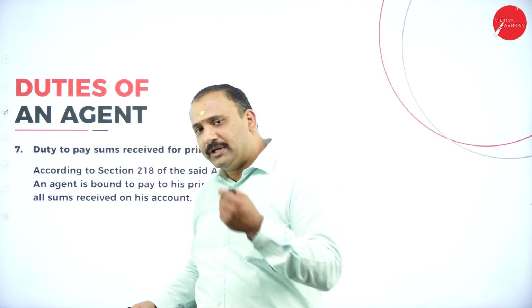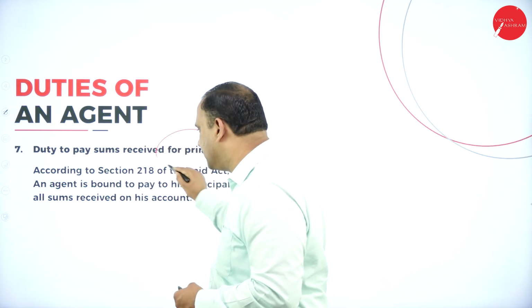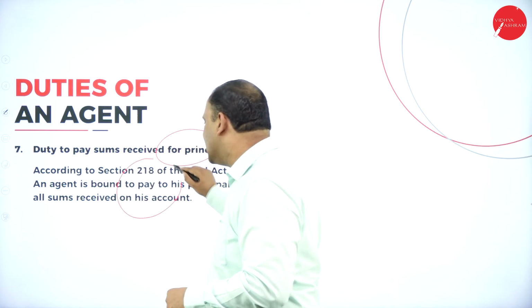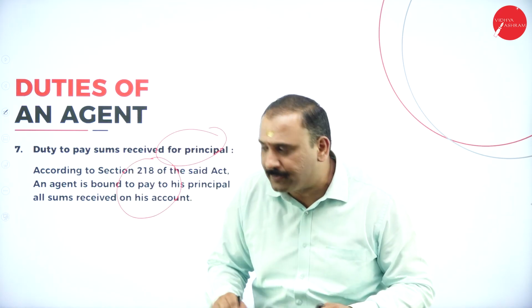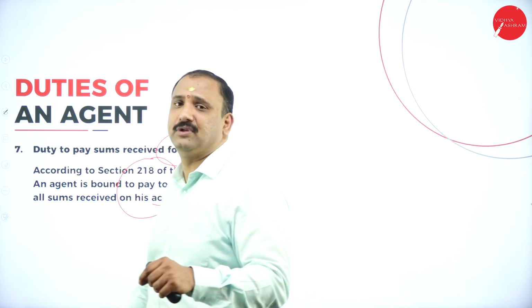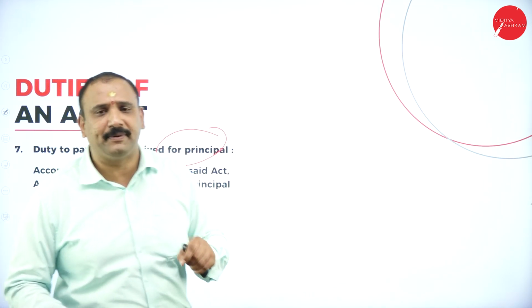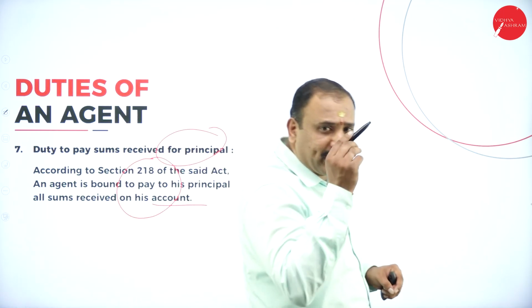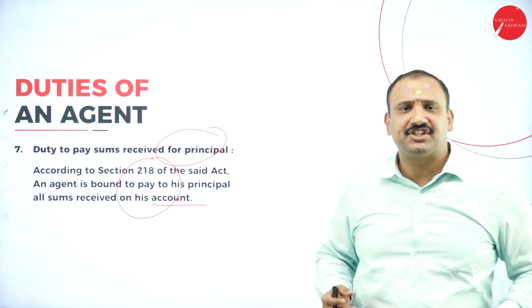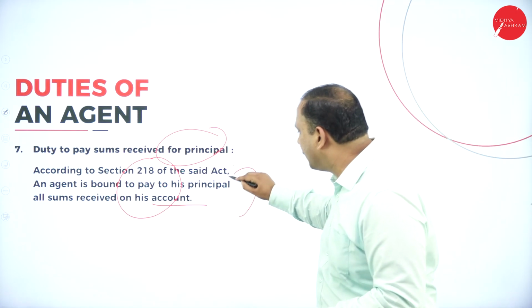Followed by duty to pay sums received from the principal. As per Section 218 of the Act, the agent is bound to pay the principal all sums received on his account. So on behalf of the company only he is working, on behalf of the principal only he is working. So any amount that is received in his account based on the transactions made has to go back to the principal.